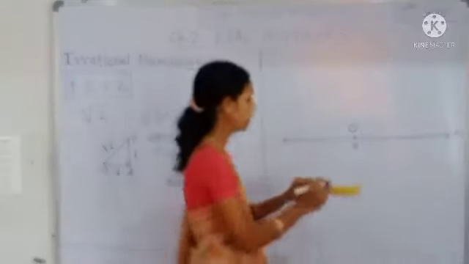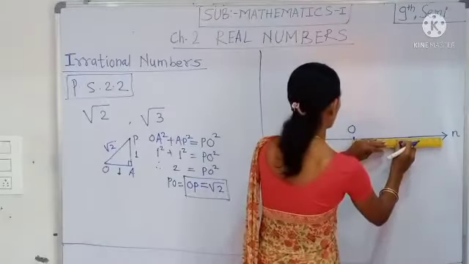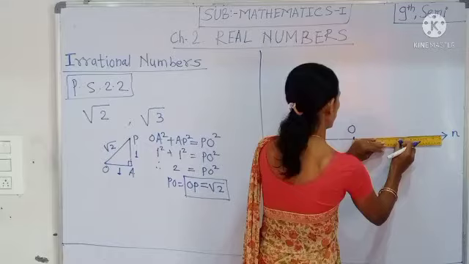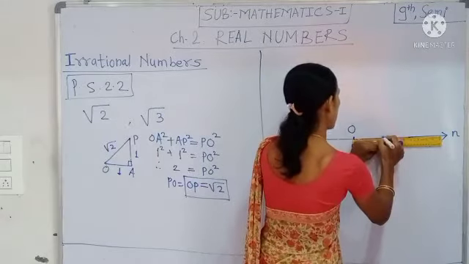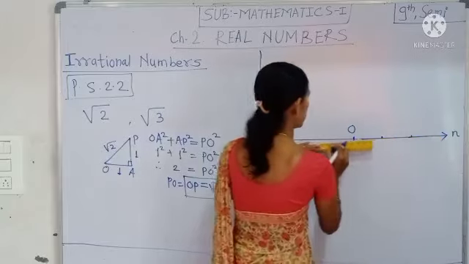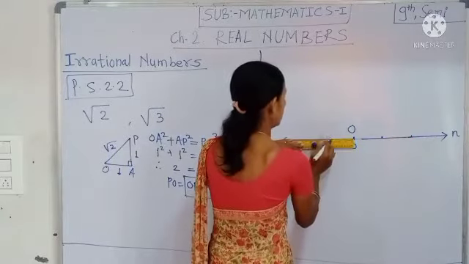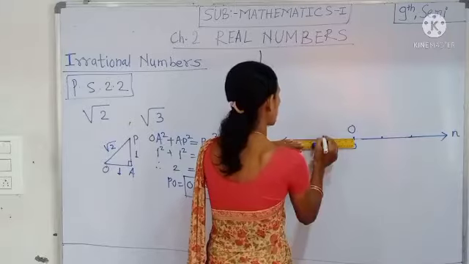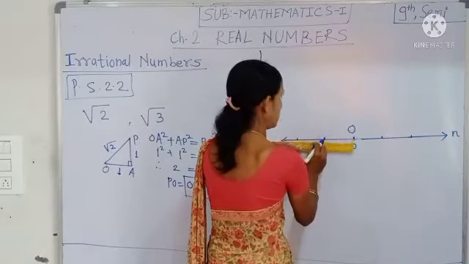Then we have to draw a few more points at equal distances to represent that irrational number on the number line.